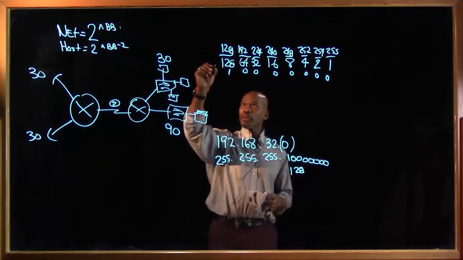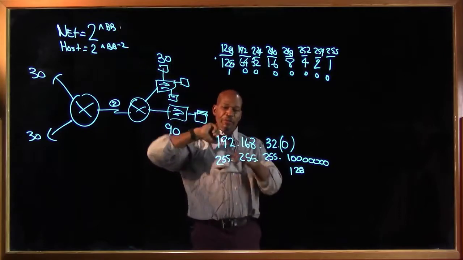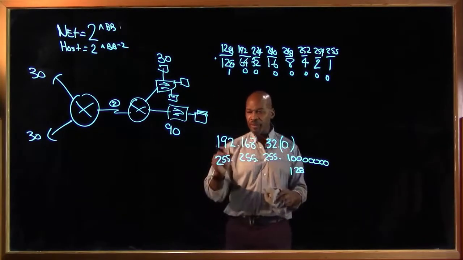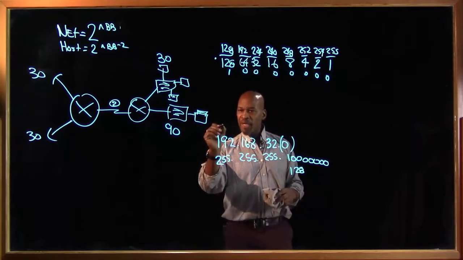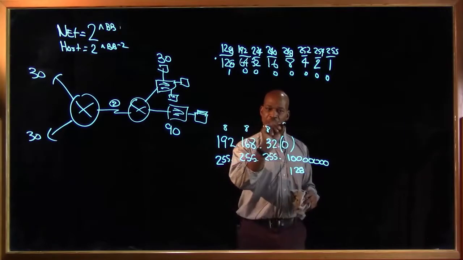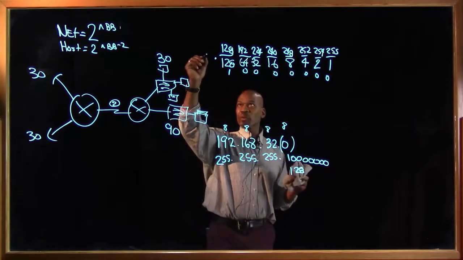Remember, this IP is a 32-bit number. This 32-bit number has 8 bits here, 8 bits here, 8 bits here, 8 bits here. So you have to represent that with this.